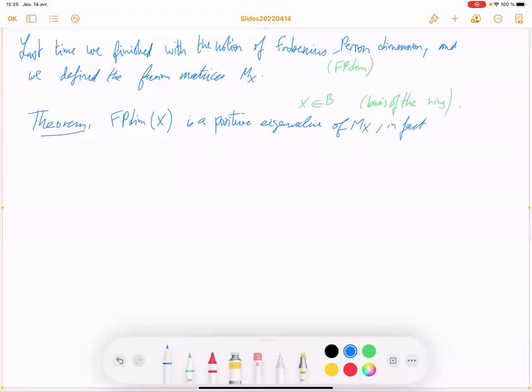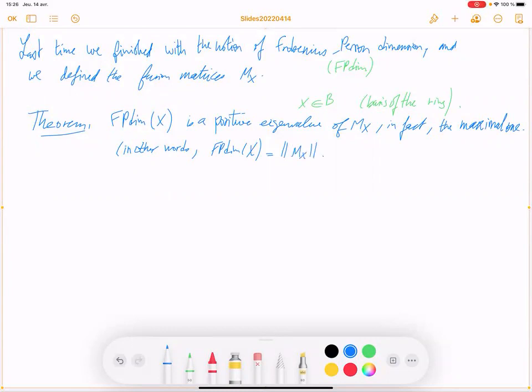In fact, the maximal one. So in other words, FPdim X is equal to the matrix norm of Mx.